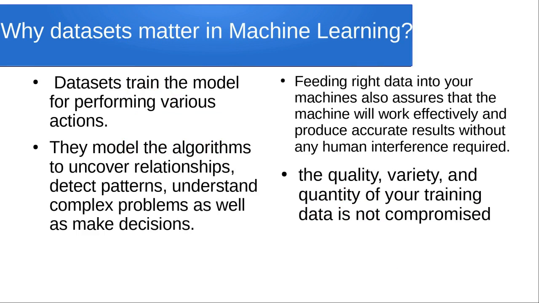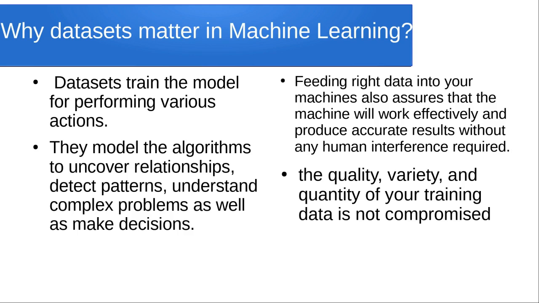The simple answer to this question is because machines too, like humans, are capable of learning once they see relevant data. But where they vary from humans is the amount of data they need to learn from.